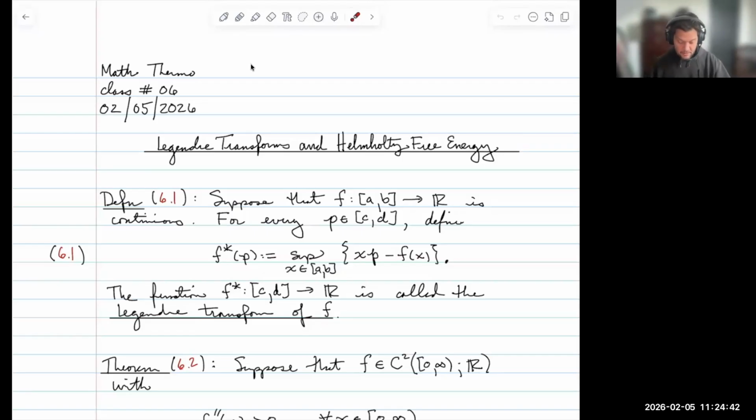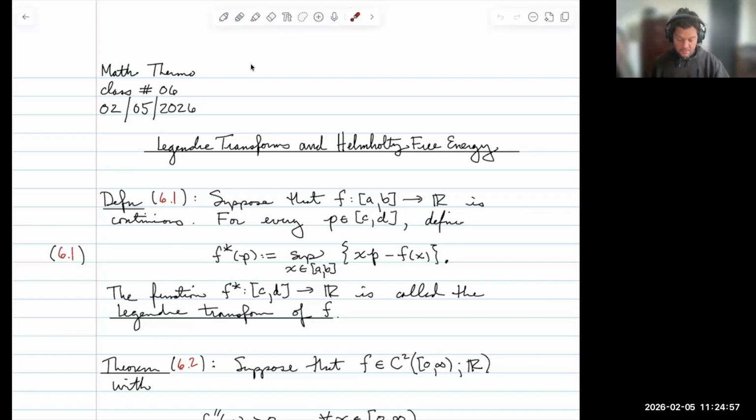Today we're going to talk about Legendre transforms and the Helmholtz free energy, which is perhaps the most famous or well-known Legendre transform of thermodynamic variables, and the one that we're going to use most often.